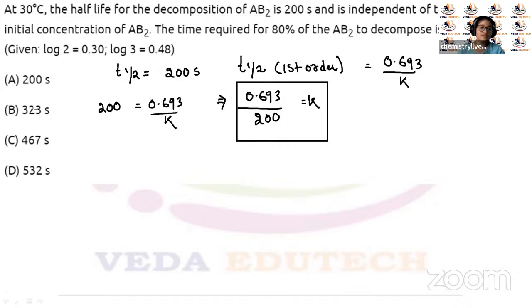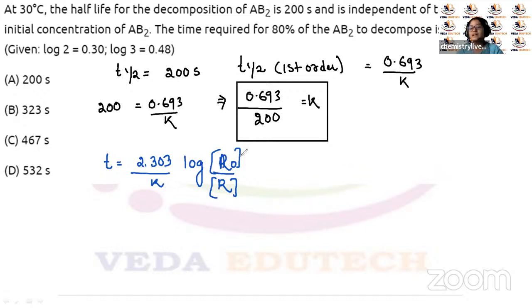Now, here we'll talk about the first order reaction and the equation related to it. We all must be knowing the formula of the first order reaction, and that is T equals 2.303 by K log R naught by R. Now, this R naught, children, is the initial concentration.